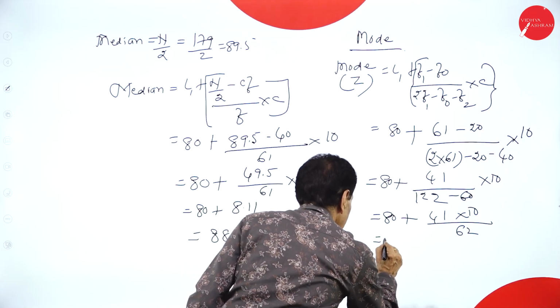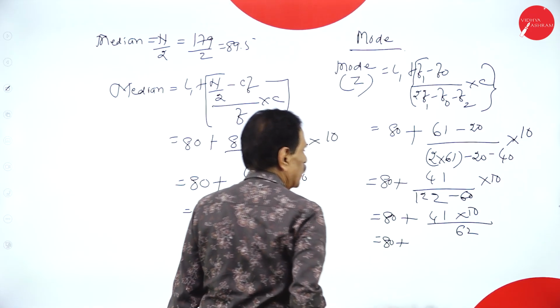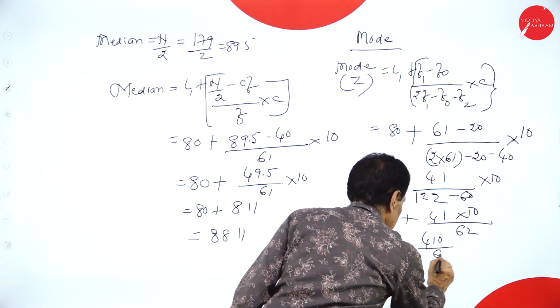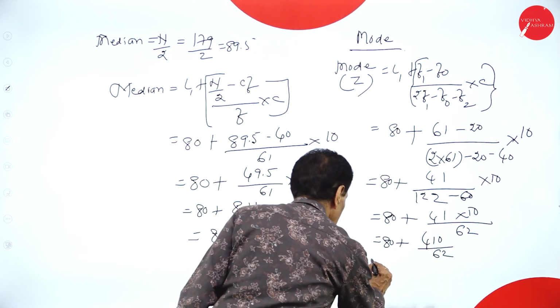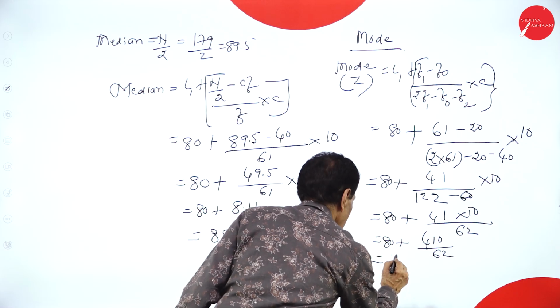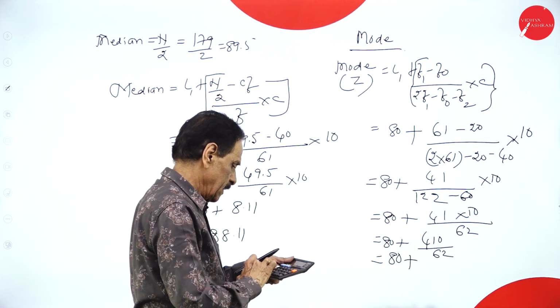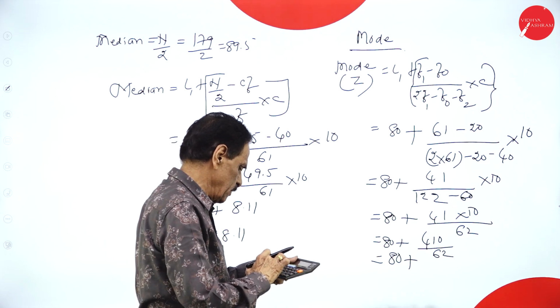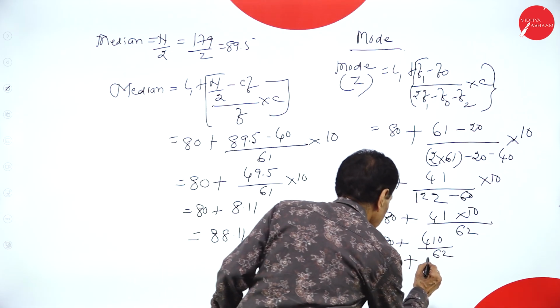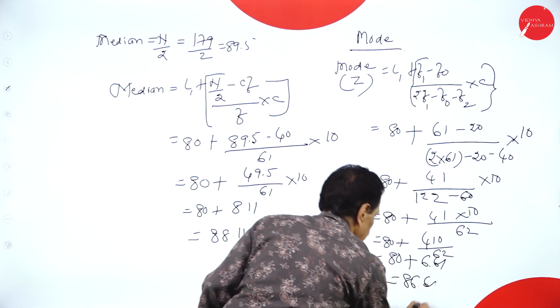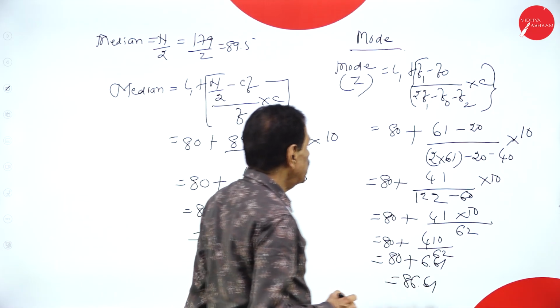So this is 80 plus 410 divided by 62. 410 divided by 62 is 6.61. So 86.61.